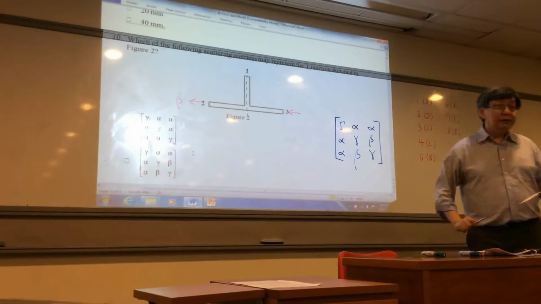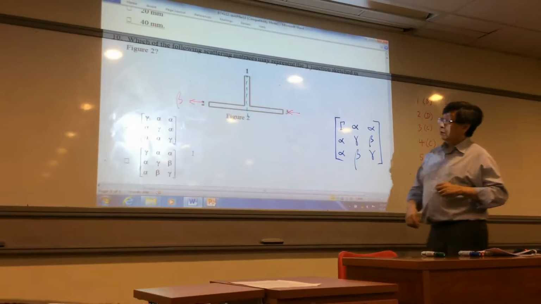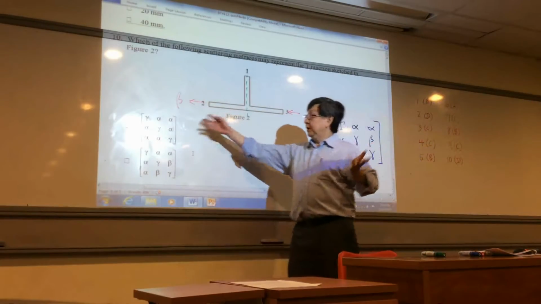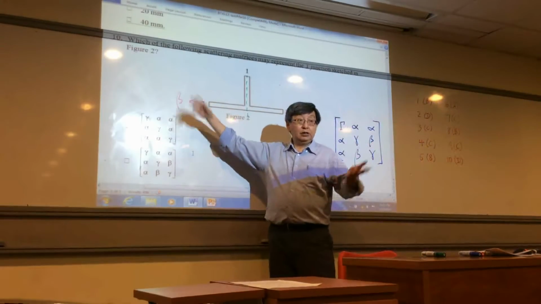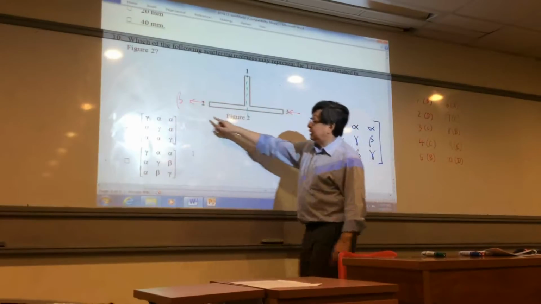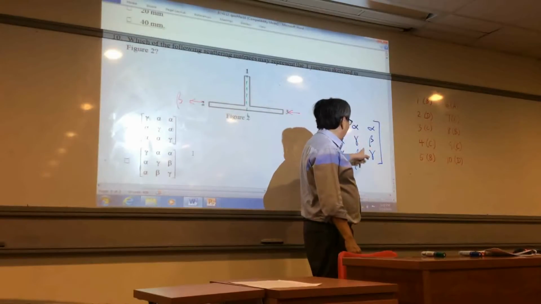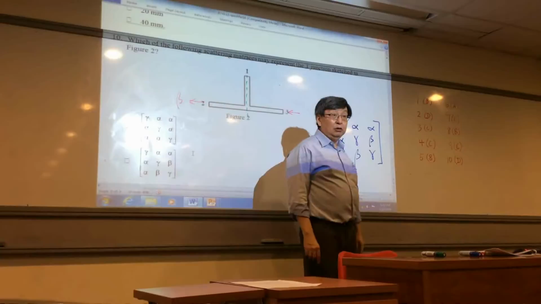The last one, the beta, how come it's beta? It could be anything, so let's just call it beta. You cannot deduce that this term must be equal to alpha, gamma, or big gamma.